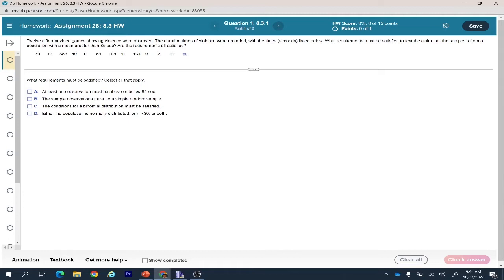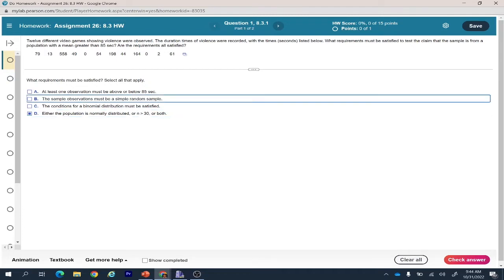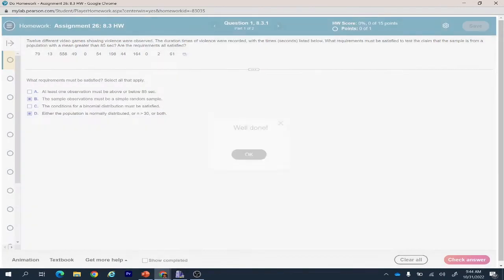As you can see here, it's 1, 2, 3, 4, 5, 6, 7, 8, 9, 10, 11, 12. The sample size is less than 30. The requirement should be that the sample size is greater than 30 or the population is normally distributed, and at the same time the sample observations must be simple random. Those are the two conditions we should have.